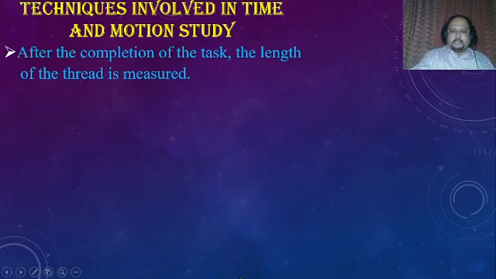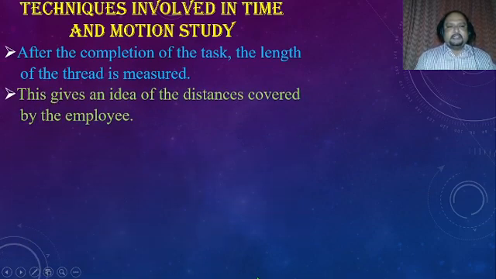We'll put a second pin at that particular point. Then the person will move from that point, say, to a third point. So we'll put a pin at the third point, and we take a thread and pass it on as the person is moving, assuming the person is moving in this particular chart. And then we measure the total length, and that is how we try to conduct the time and motion study.